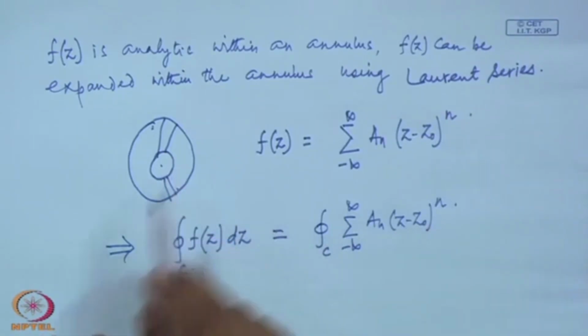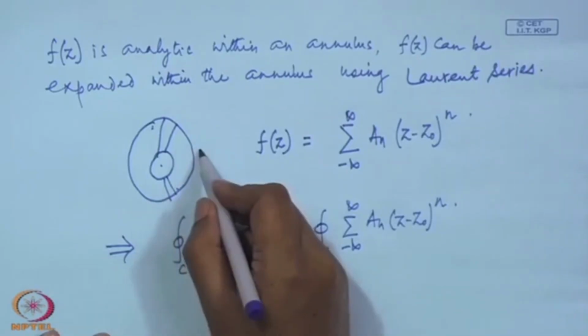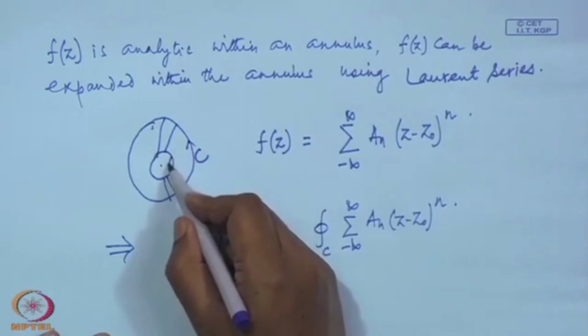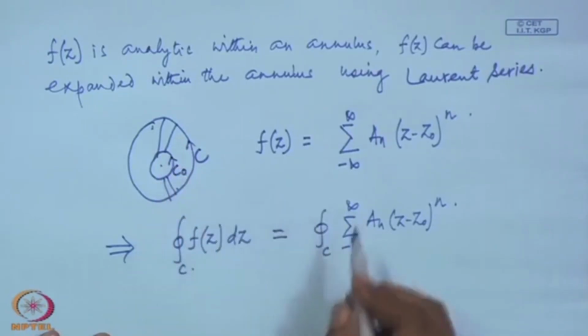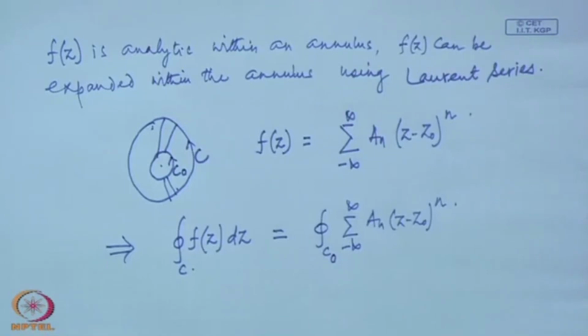And this z0 we can make this point, so that this becomes, let us say, C and let us say this C0. So, this can be made like this, and what will be this integration? For convenience, consider only one singularity at z equal to z0.